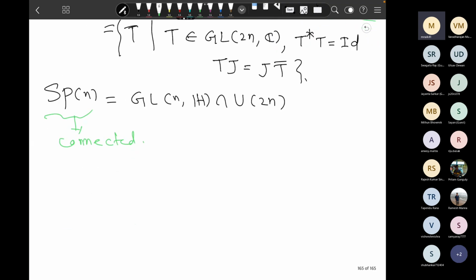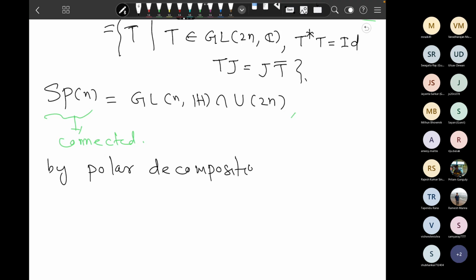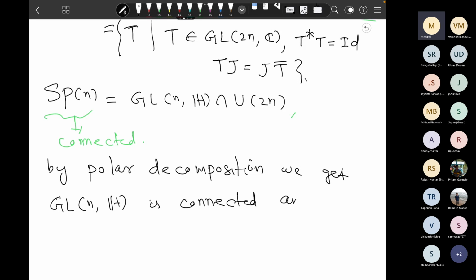By the polar decomposition, because we have shown that GL(n,H) is pseudo-algebraic, we get that GL(n,H) is connected, and the fundamental group of GL(n,H) is the fundamental group of Sp(n).